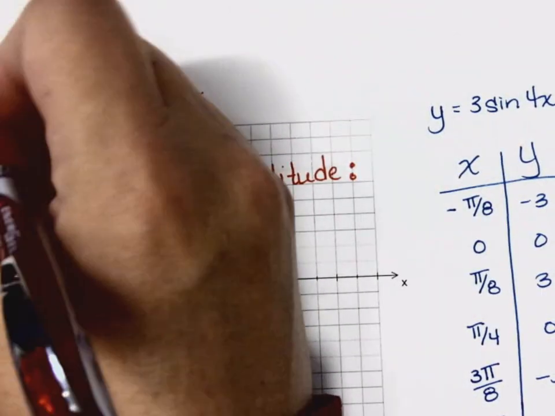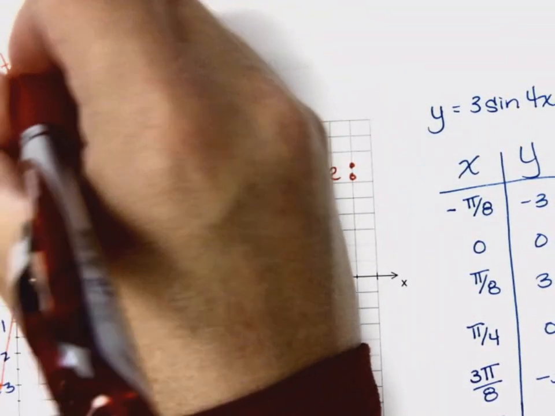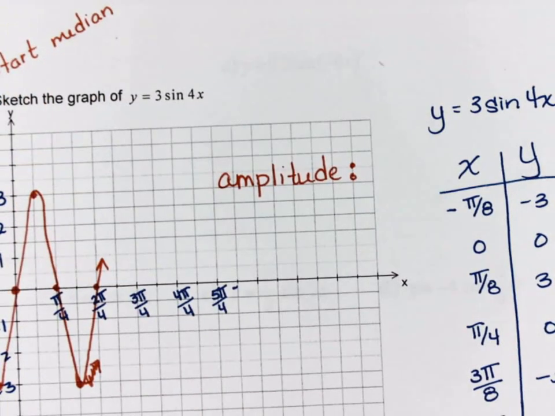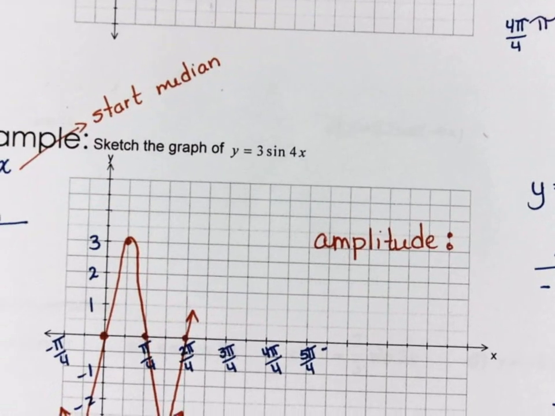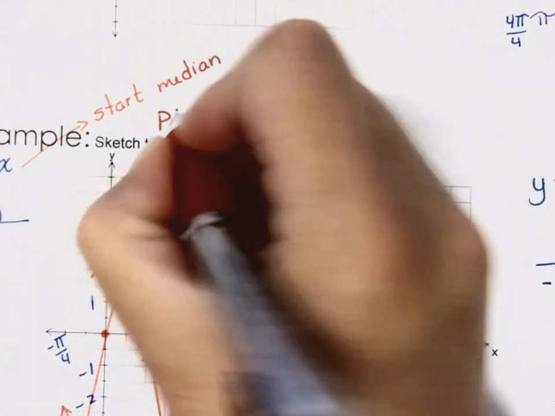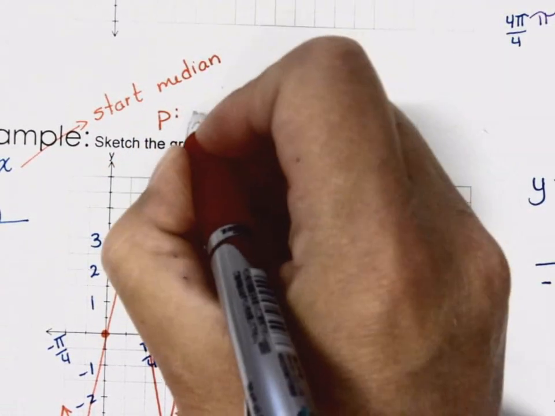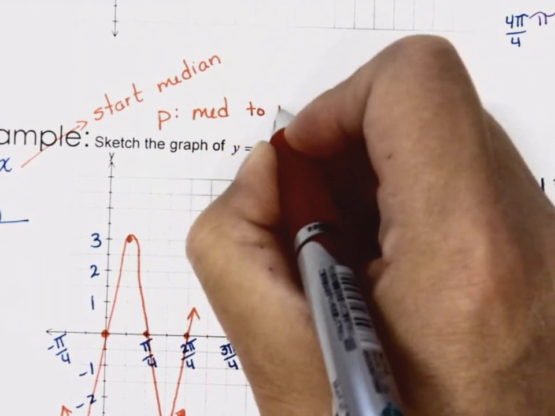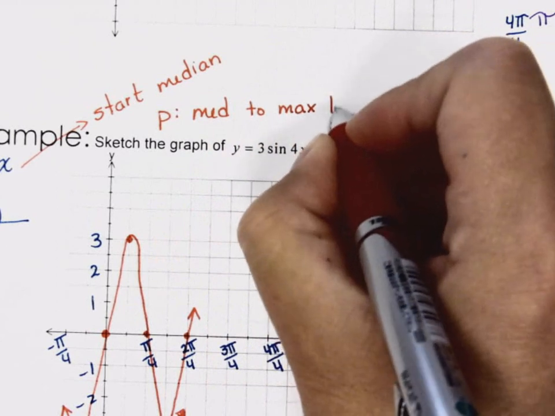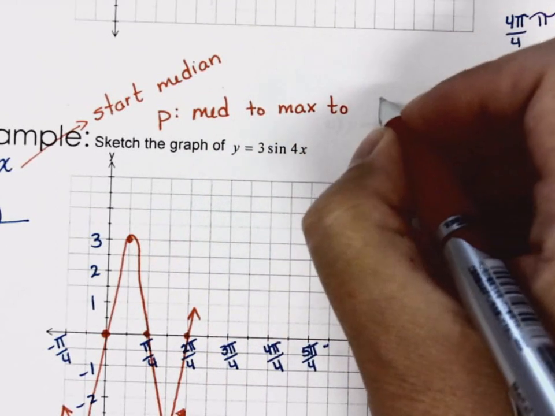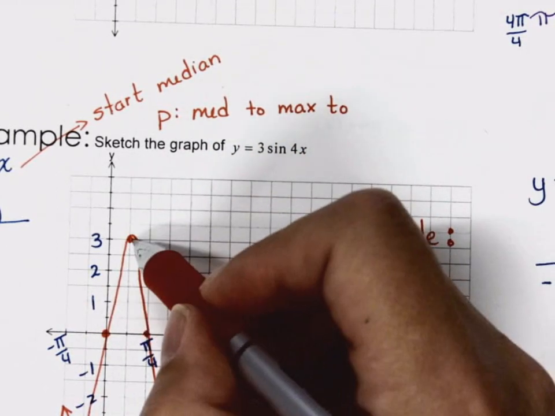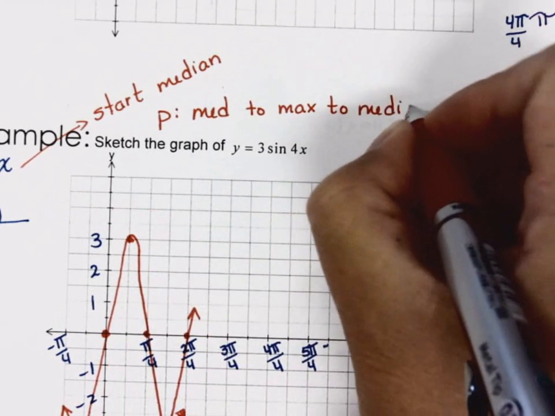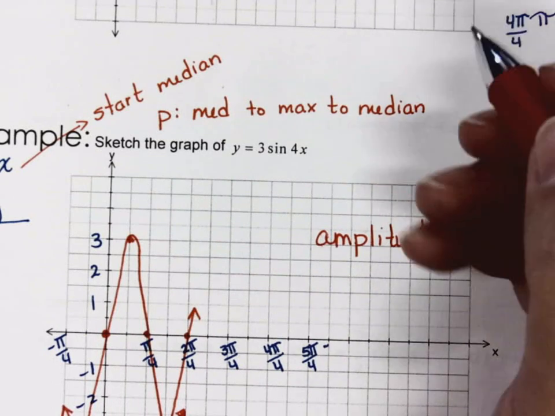Sine, we start at a median. And when we're looking for the period, you're looking for a median to a max to a median.